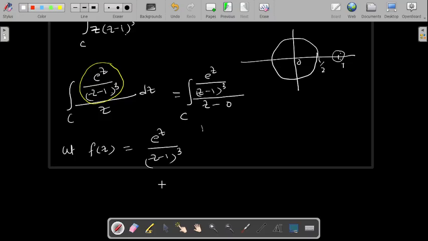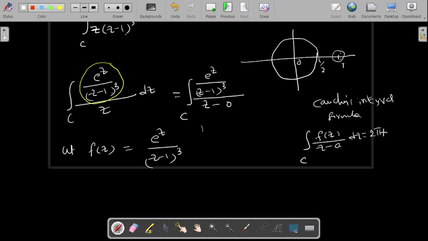What is Cauchy's integral formula? Integral over C of f of z by (z minus a) dz is equal to 2 pi I into f of a.